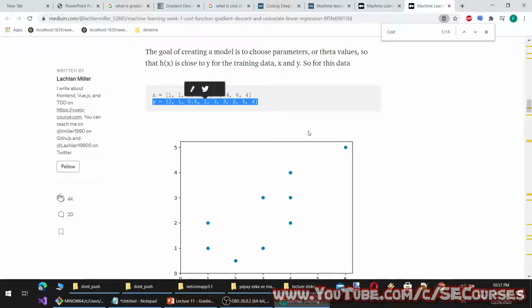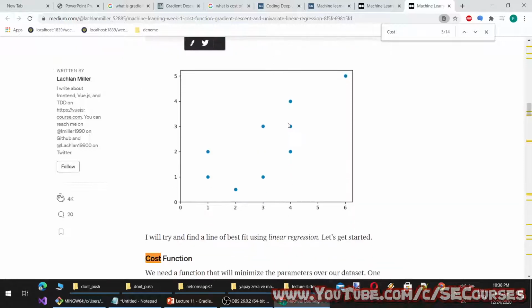Y equals 2, 1, 0.5, 1, 3, 3, 2, 5, 4. They are displayed on the X and Y space like this.